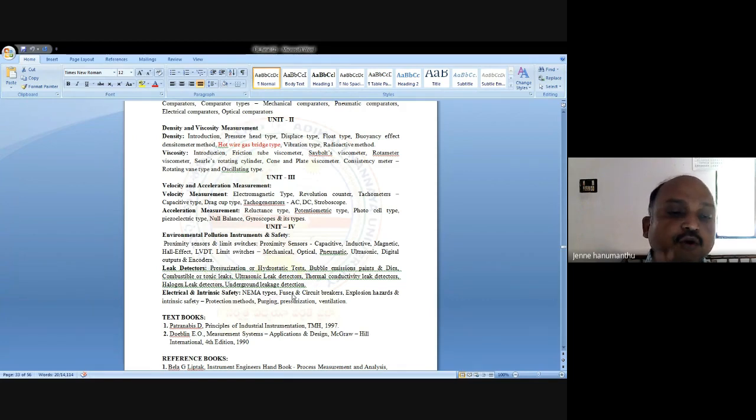Meanwhile, when you are touching the equipment inside, there should be no damage to the instrument because of the human being. So we want to provide some safety. Explosion hazards means there will be a problem with the equipment. There we are expecting hazards, explosions, danger situations.